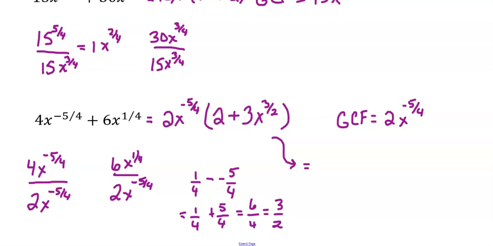So the x to the negative 5/4, that factor, we're going to reciprocate by pulling that factor down to the denominator of a fraction, and that's going to give it a positive exponent of positive 5/4. The 2 does not have the negative exponent on it. It's going to stay in the numerator. And then we have the other factor, the binomial, which is also going to stay in the numerator. 2 plus 3x to the 3/2 power.